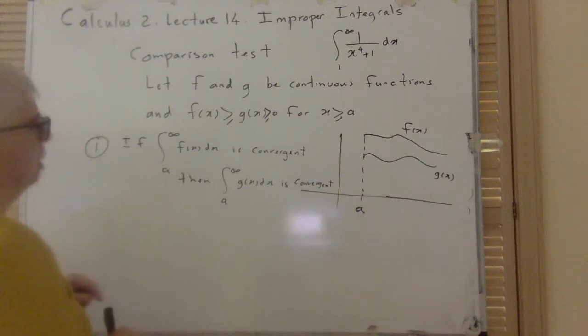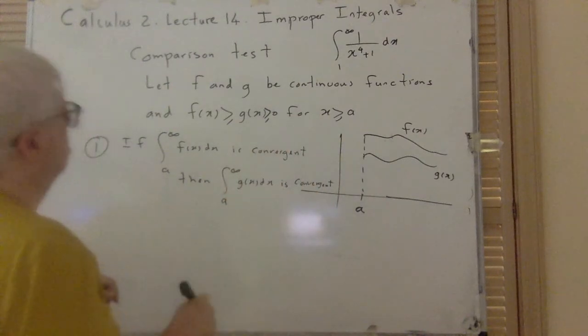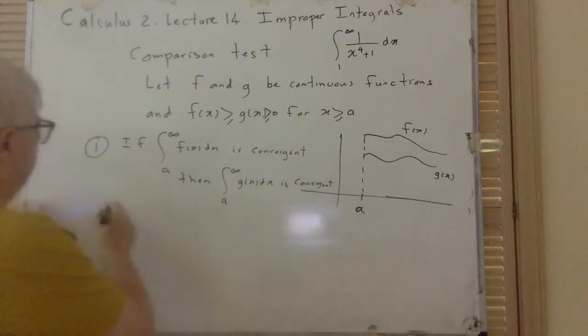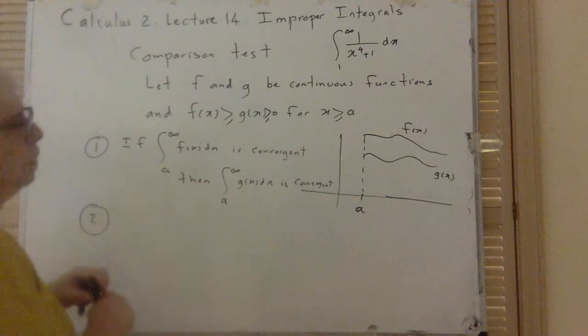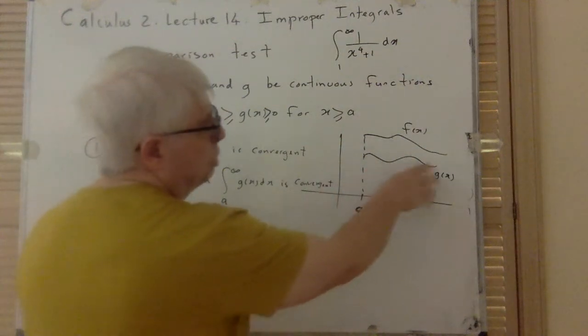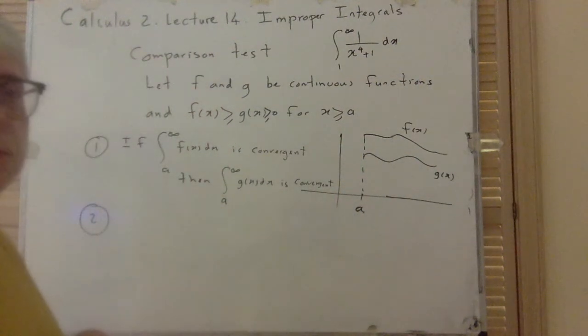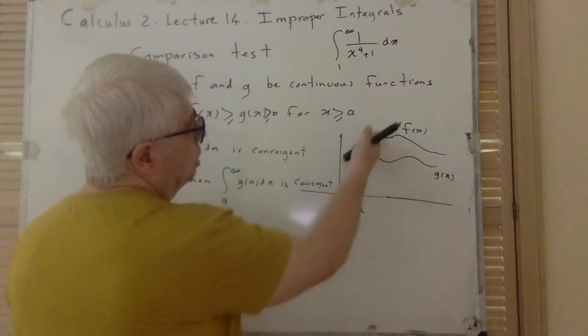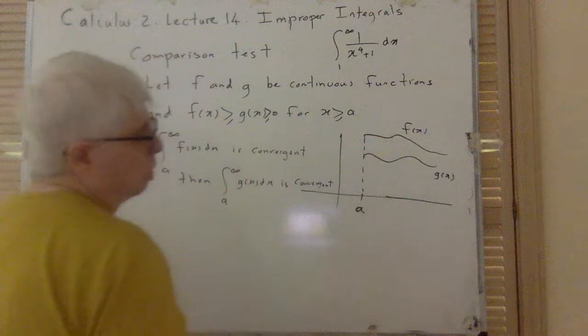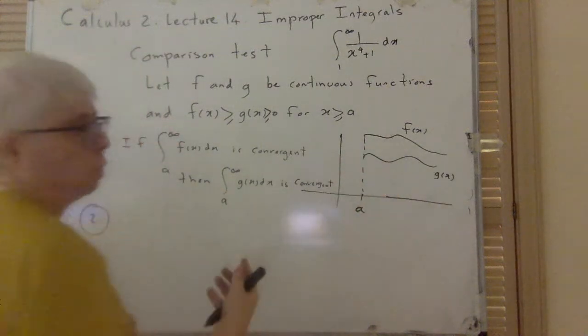Okay, let me write the second one and then look at them algebraically. The second one is this: if this area below, g of x, is infinite or divergent, then the upper one is also infinite, because this upper one includes this one.